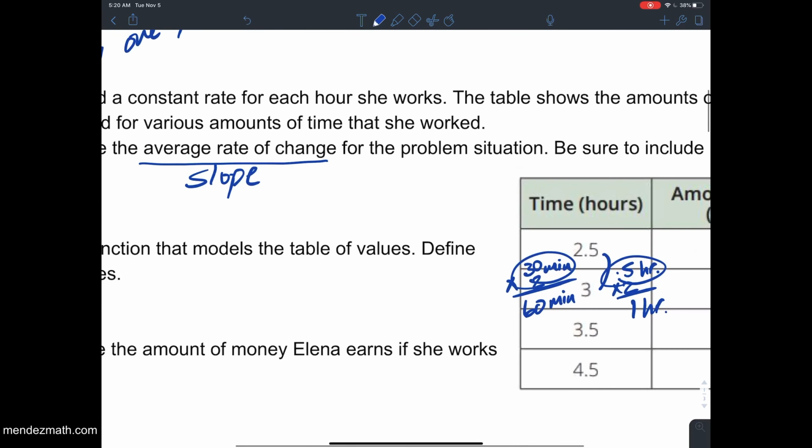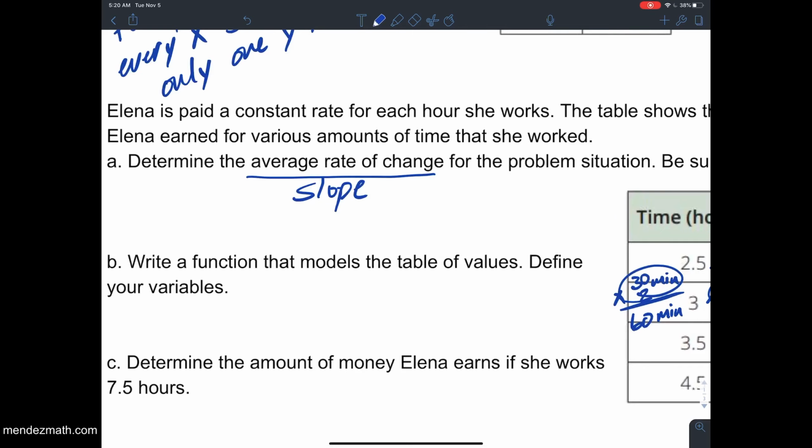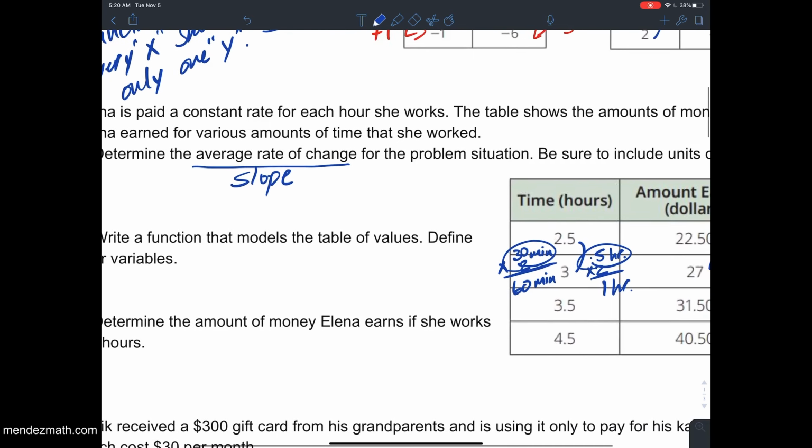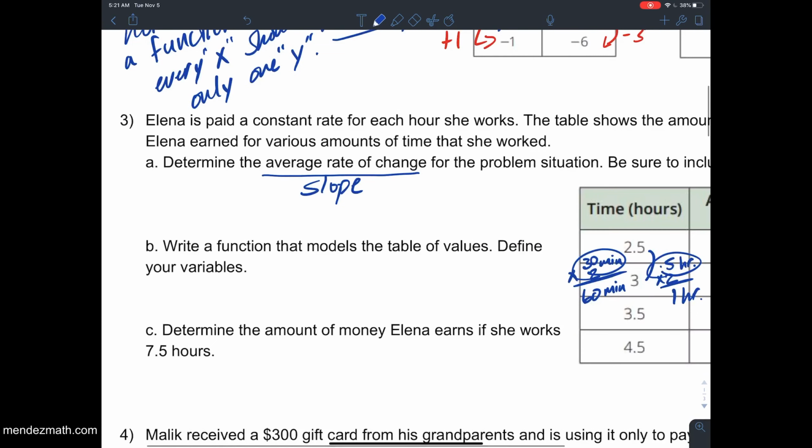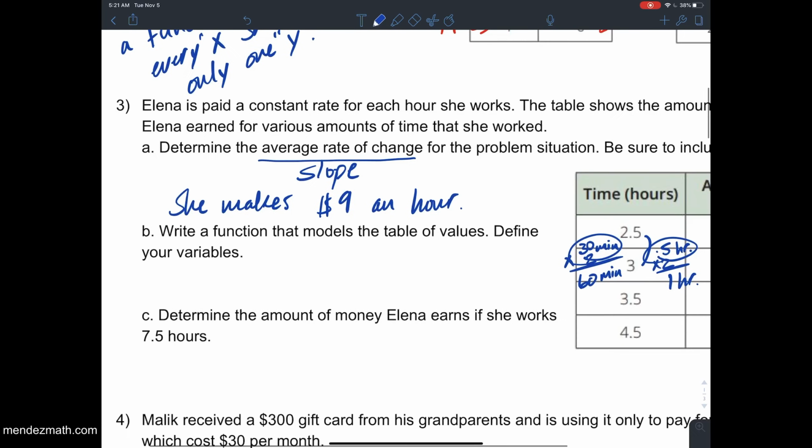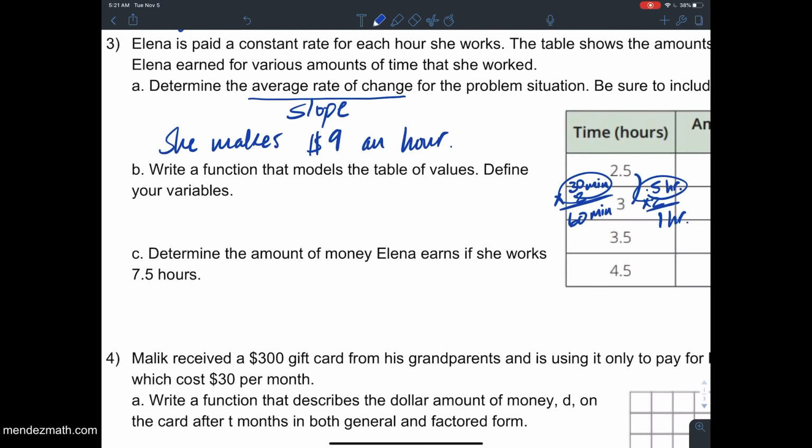So, average rate of change, she makes $9 an hour. Okay? Write a function that models the table of values. To find your variable, again, we're going to go back to slope and y-intercept.